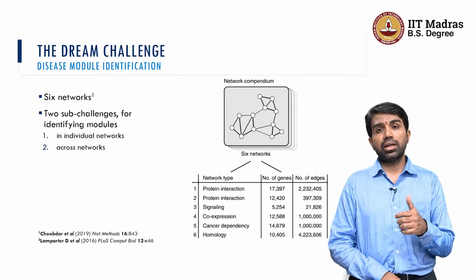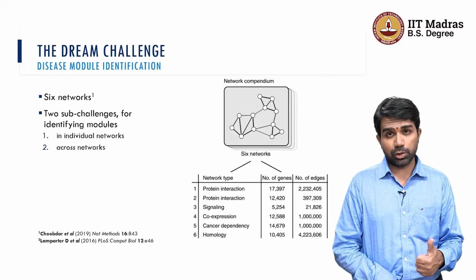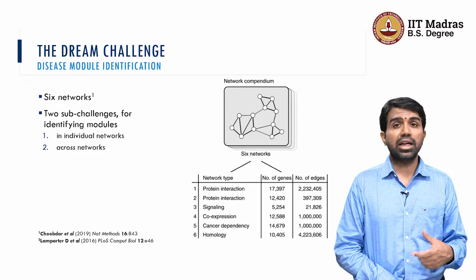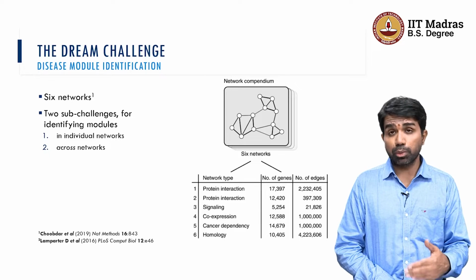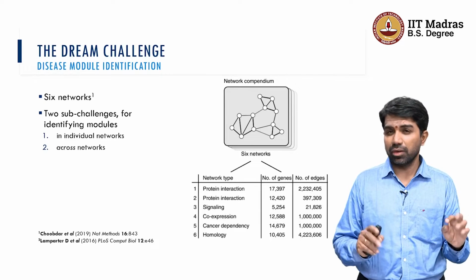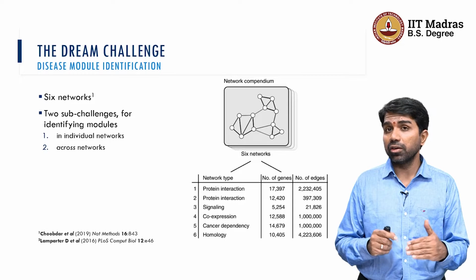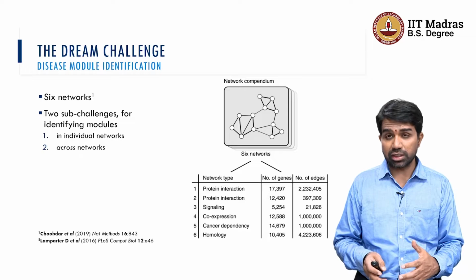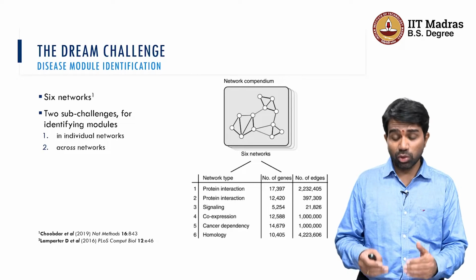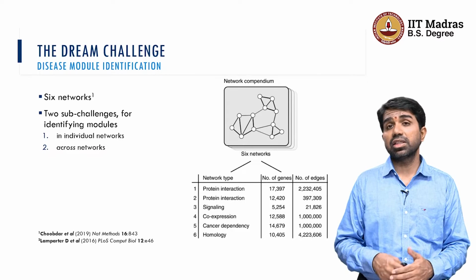One was trying to identify communities in individual networks, and the other was trying to identify communities across all these networks, because the proteins are conserved or mappable from one network to the other. The first network has 17,000 genes, a lot of them shared with the second network, but it's a different set of interactions.